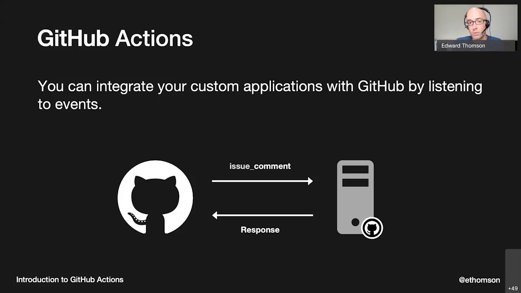Now, this was great. We were really excited about this. We launched it as a beta and immediately our customers started doing really cool things like triaging issues every time a new issue was opened or issue was commented on, something like that. And they would start automating things around pull requests.